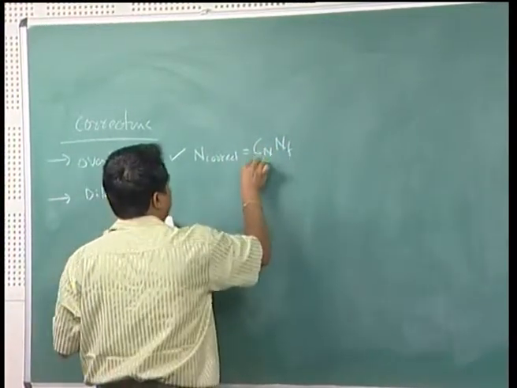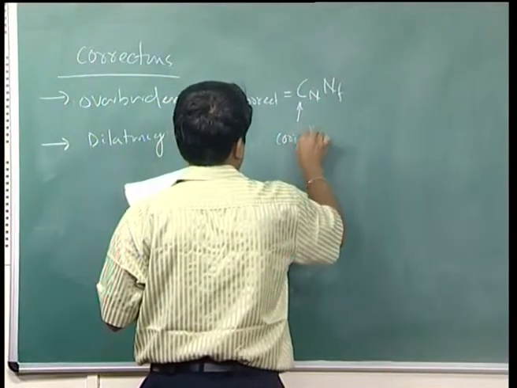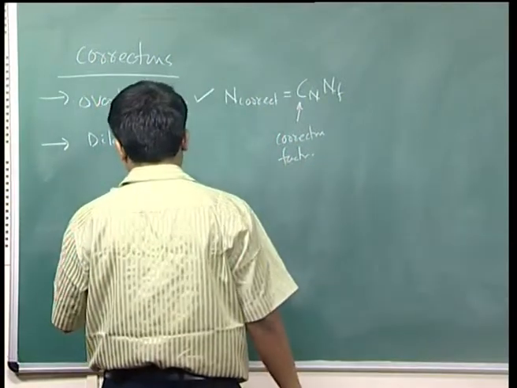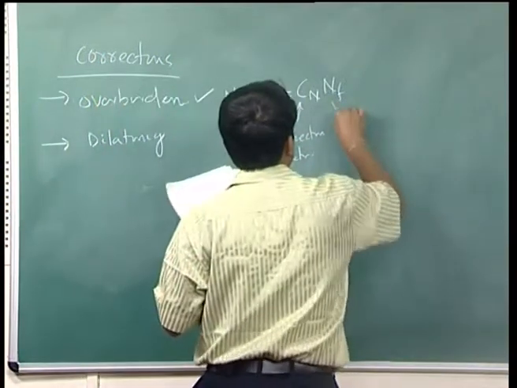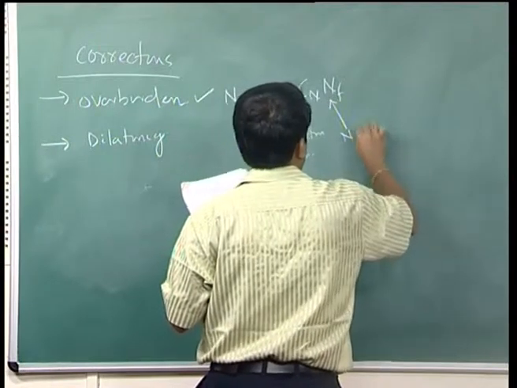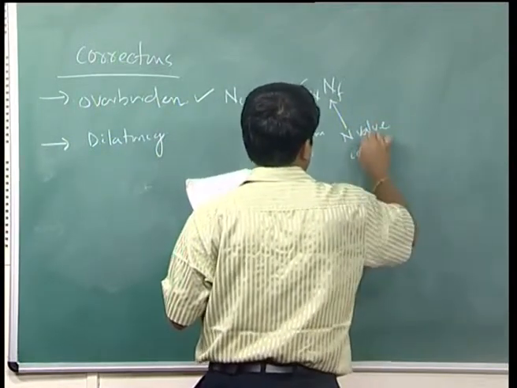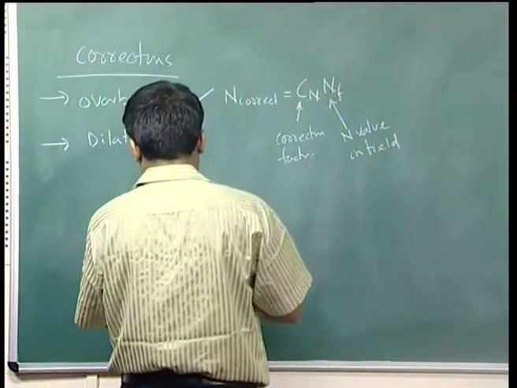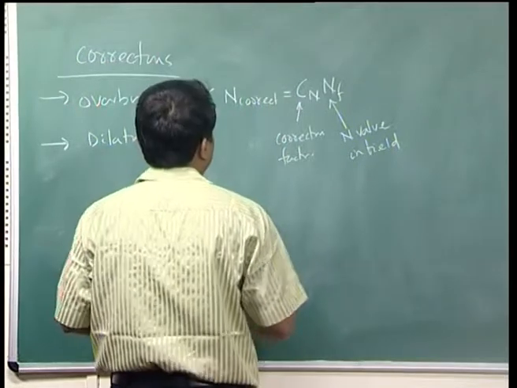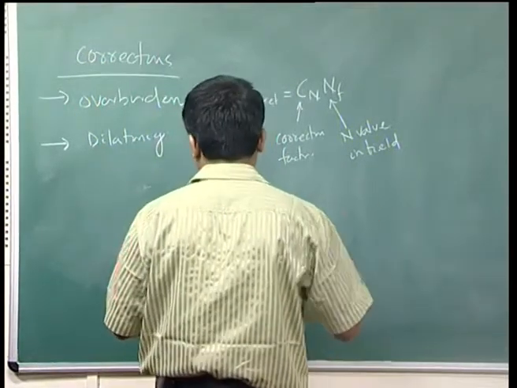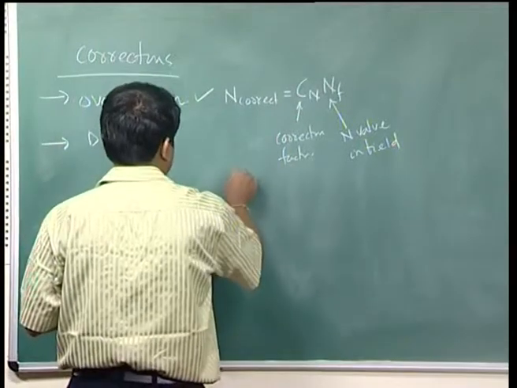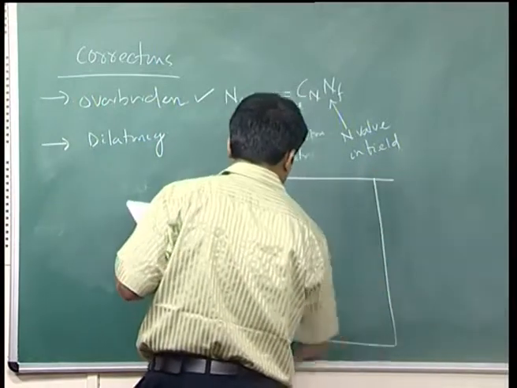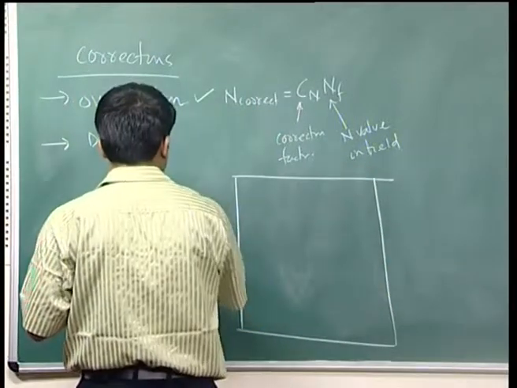Cn is your correction factor, Nf is your N value in the field. The correction factor is given in the code, or you can utilize a direct empirical formula.